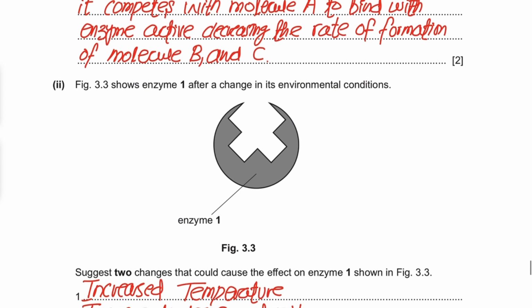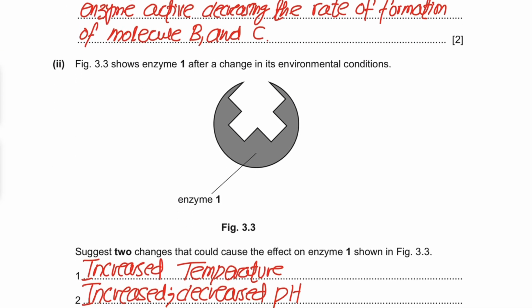Now, what they are saying further is that the same enzyme 1 which they have shown you above, they changed their environmental conditions. And as a result of that, you see that the shape of the enzyme's active site is getting a lot of change in it. And now for 2 marks, they are asking to suggest two changes that could cause this effect on enzyme 1.